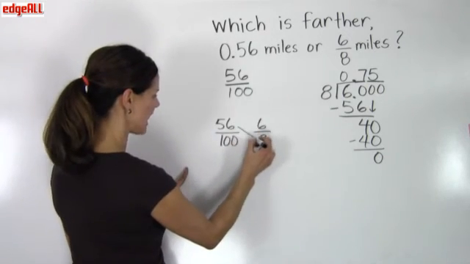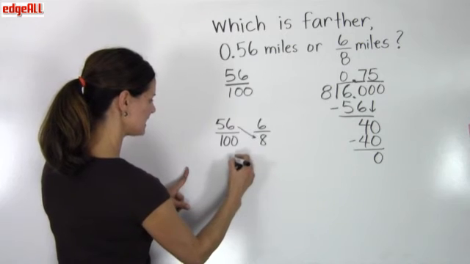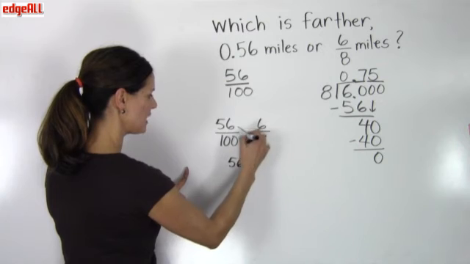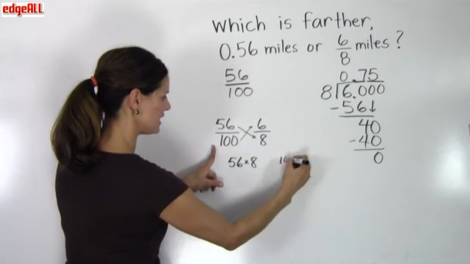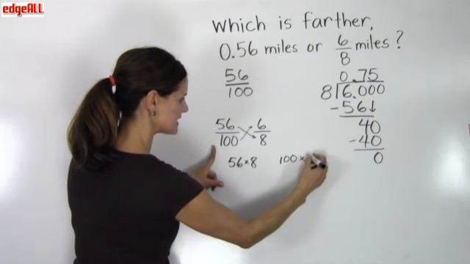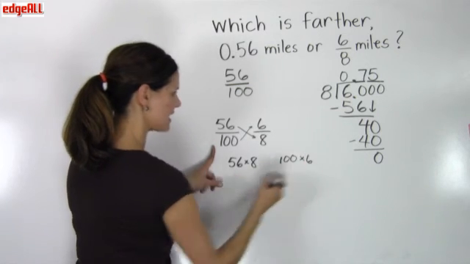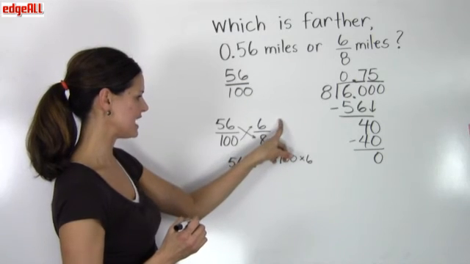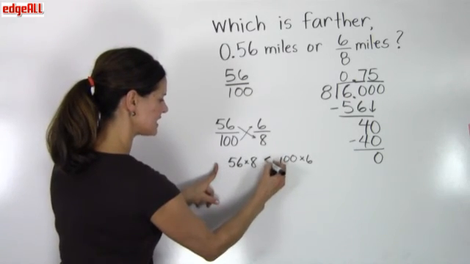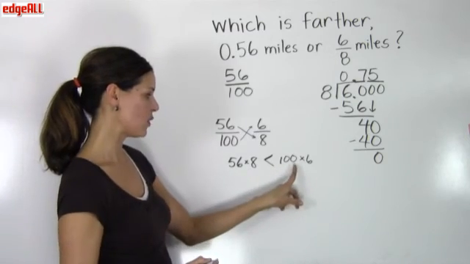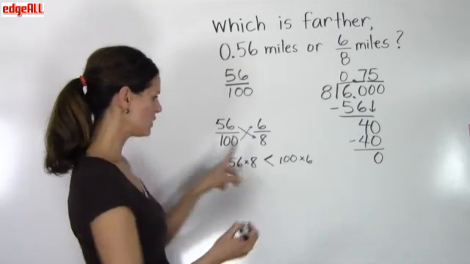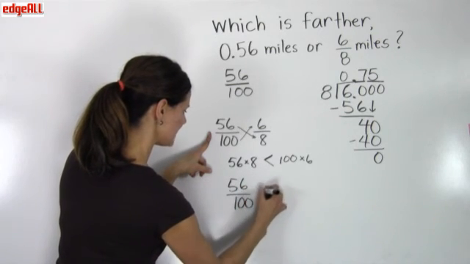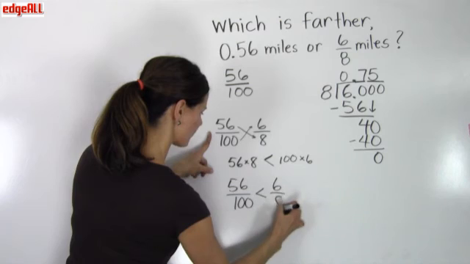So I can multiply 56 times 8, compared to 100 times 6. So I know that 56 times 8 is less than 100 times 6, which tells me that 56 over 100 is less than 6 over 8.